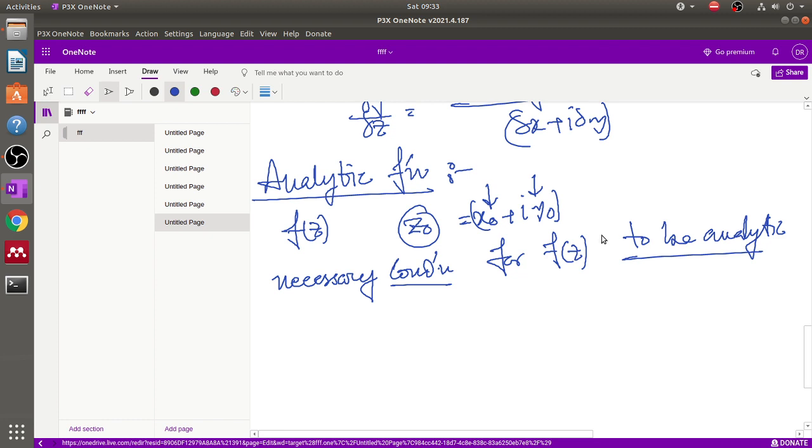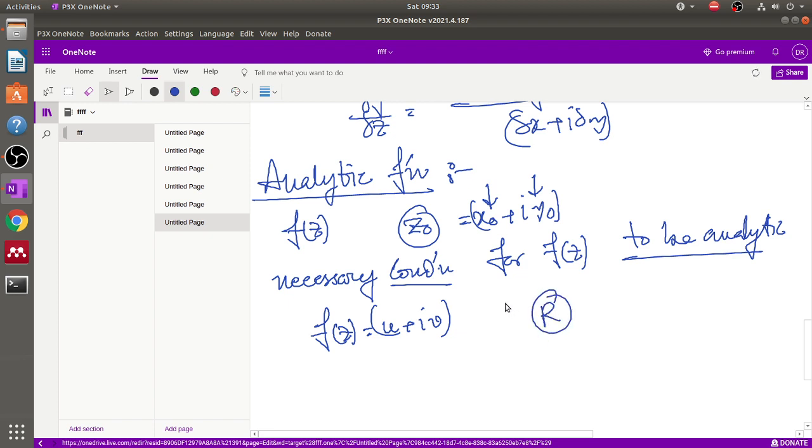There is one theorem: the necessary condition for f(z), represented by u plus iv, to be analytic at all the points in a region R. Consider R as a region.